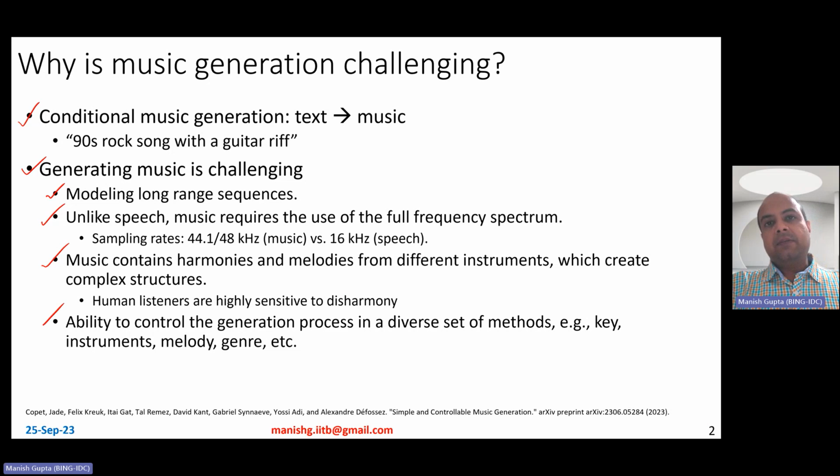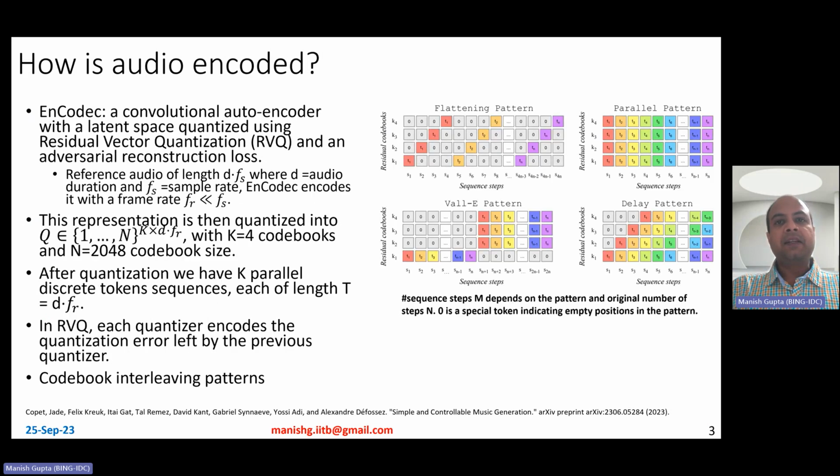Fourth, music generation requires the model to have the ability to control the generation process in a diverse set of methods. For example, what is the key? What particular instruments need to be played? What kind of melody? What kind of genre, and so on. So therefore, music generation in general is a challenging problem, more challenging than just speech generation.